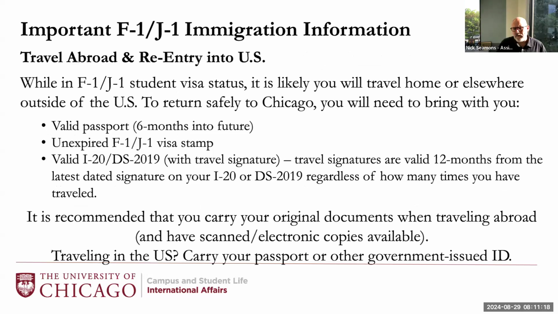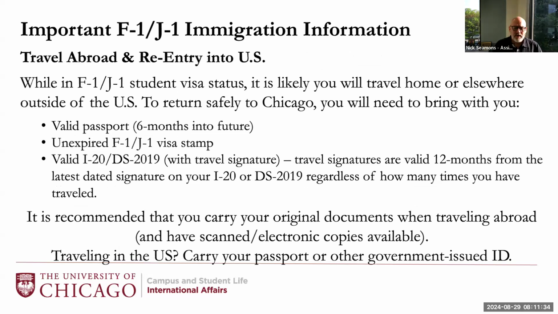A couple of quick notes here, just to get a little more detailed, specific to immigration. Over the course of the next 4 years, your students likely will arrive in the United States a couple of times. They'll travel home, they might go on trips with friends.